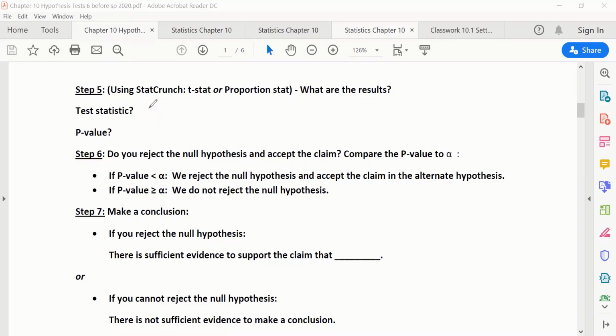That we had z equals 0.649 or 0.65. And our p-value, p is 0.2582.